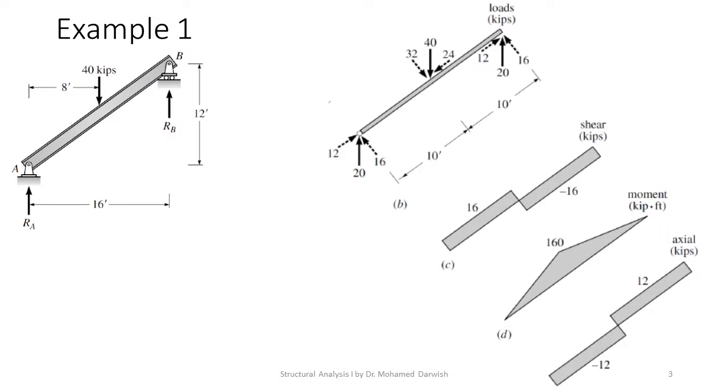So if I take a cut here, the member wants to compress by 12 kips, which makes sense. Then the 24 comes opposite to the 12. So now if I take a cut just after this point, I will see a tension force because it is 24 minus 12. So now it is positive 12. And again here the reaction will get it back to 0.